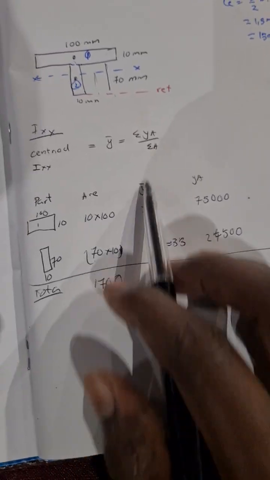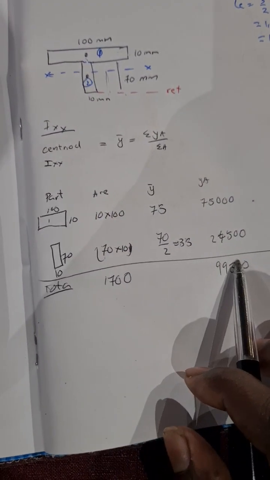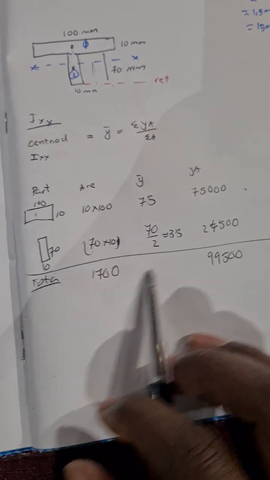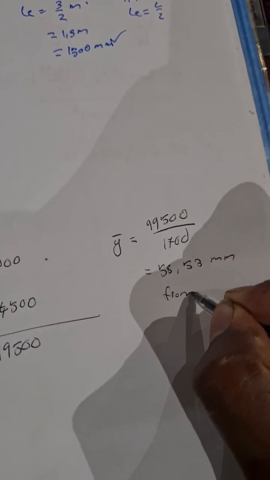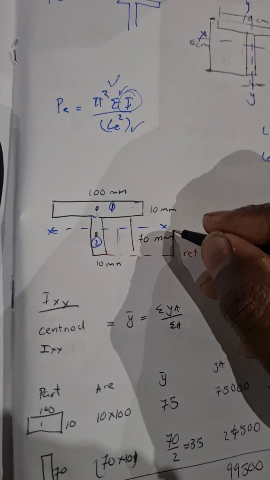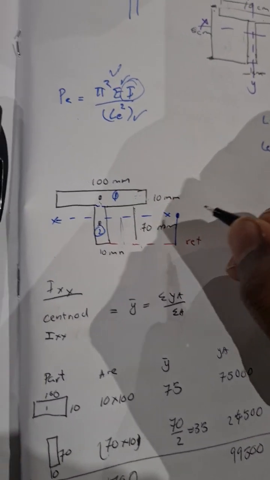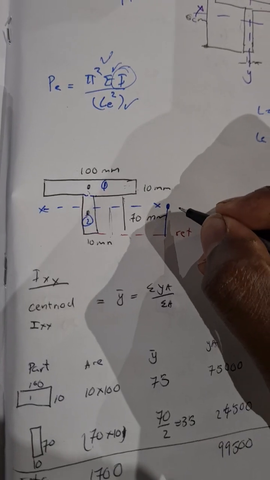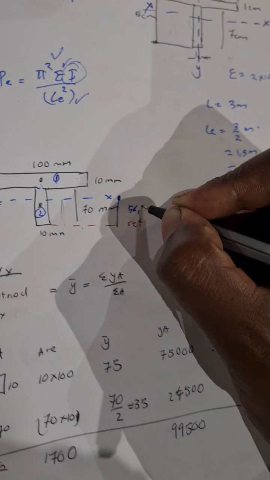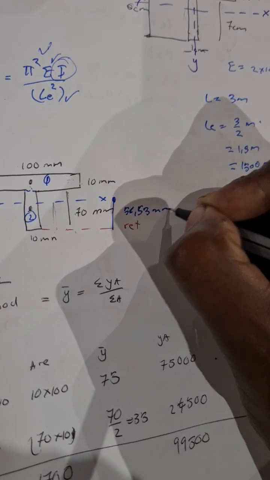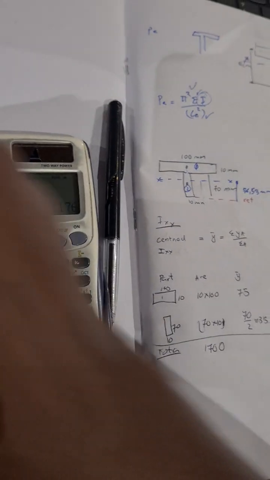Remember, this is the sum of this and the sum of this. Then y bar from the bottom, from here to the centroid of the area, is 58.53 millimeters. That is easy, people.